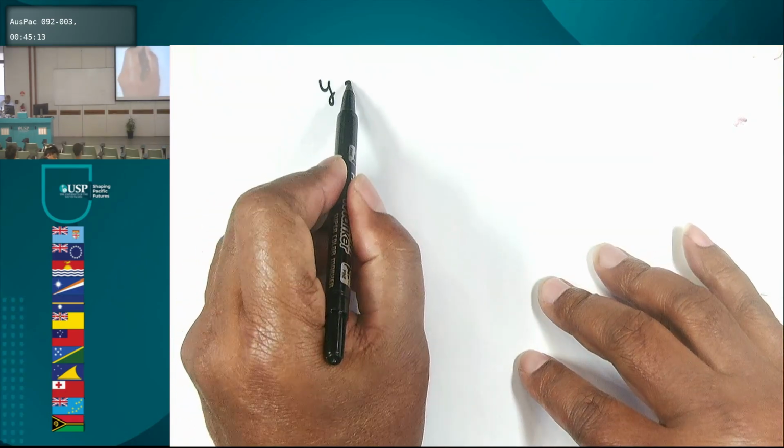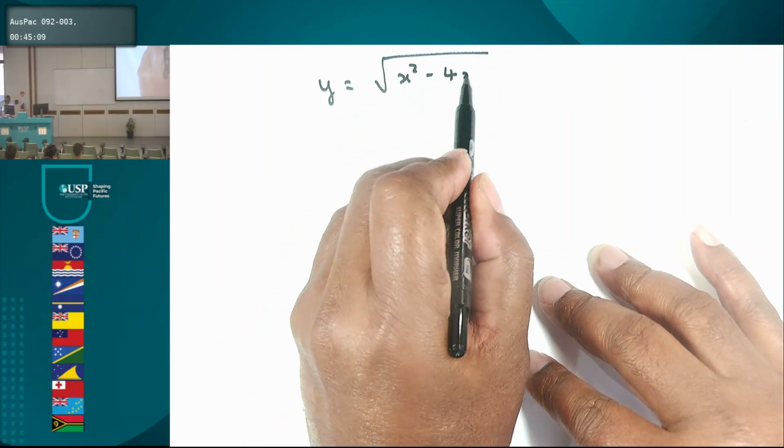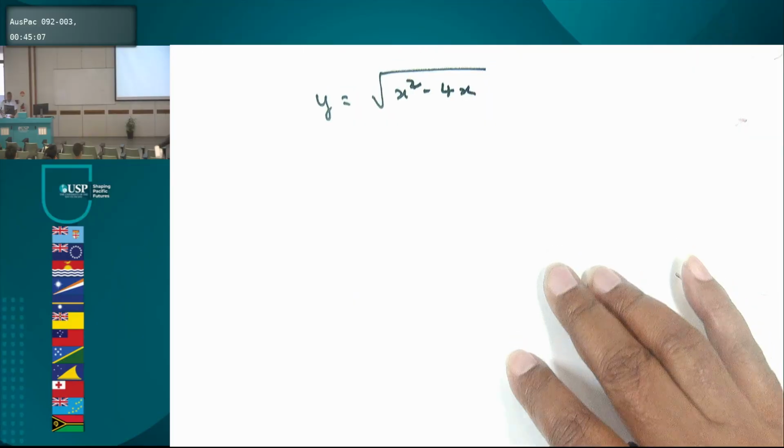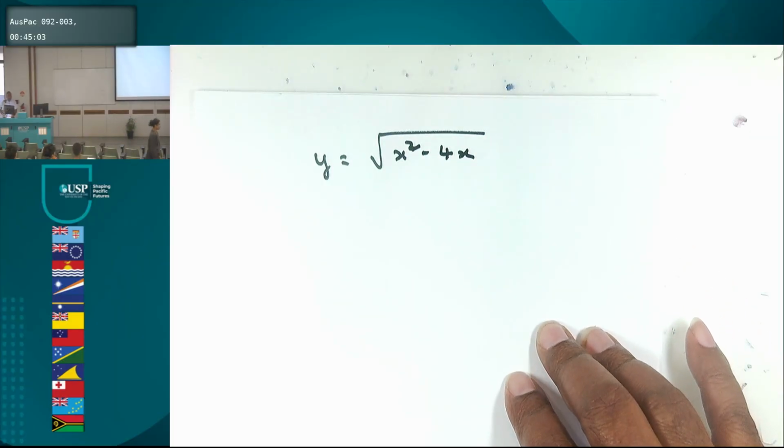Here's an example. Y equals square root of x squared minus 4x. This is a composite function.